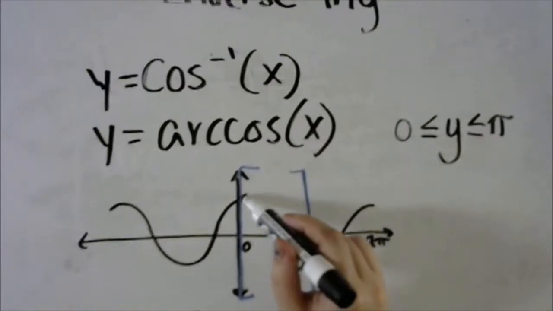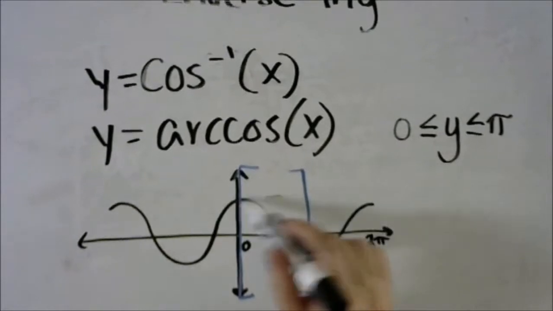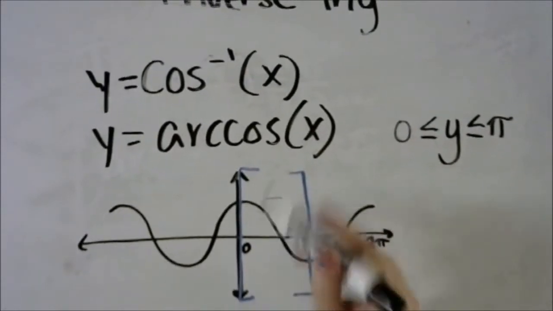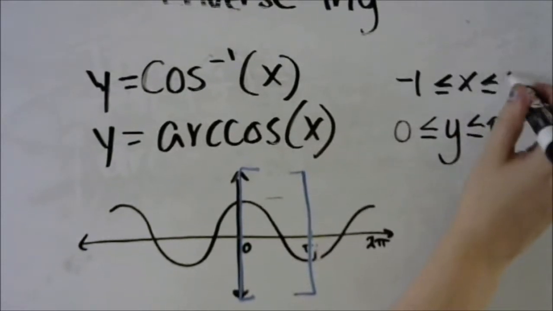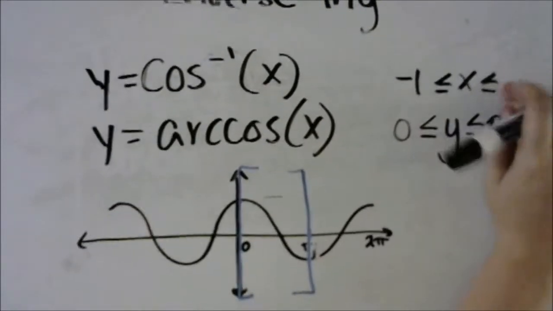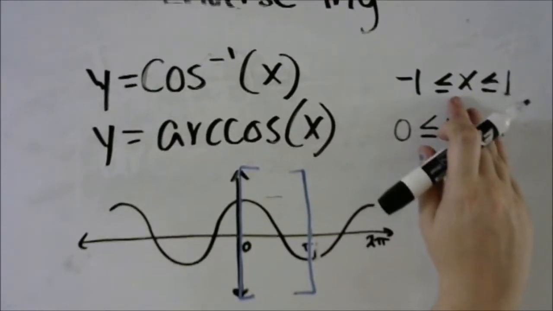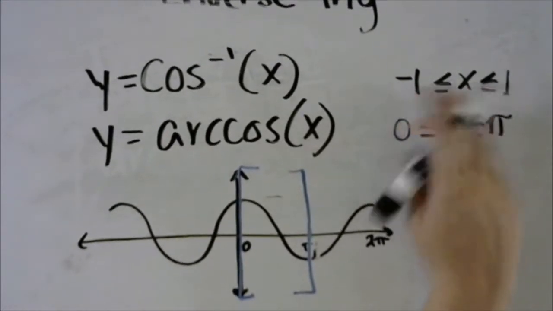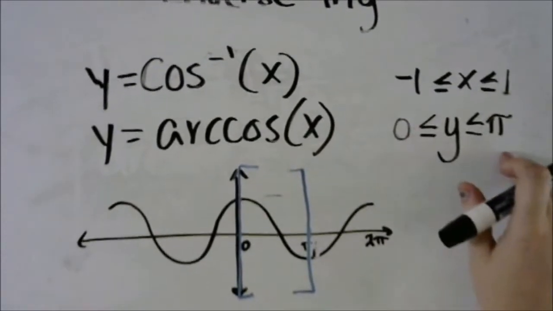Well, the domain of the inverse is going to be the same as the range of cosine. The range of cosine is negative 1 to 1. I can evaluate inverse cosine so long as my input values are from negative 1 to 1 and my output values are from 0 to pi.